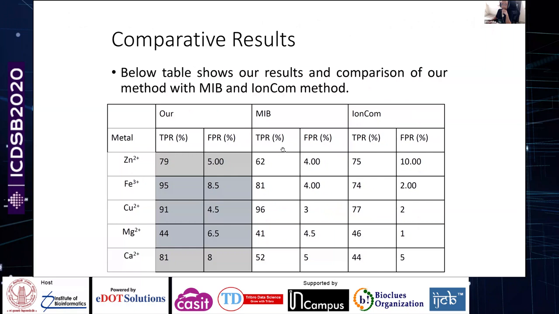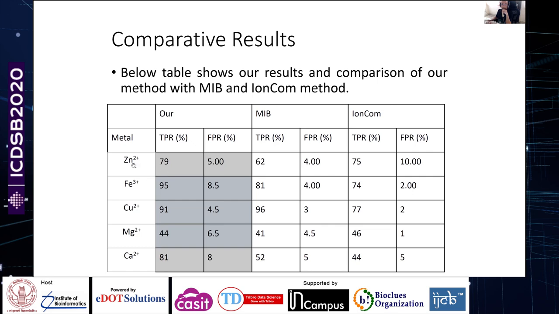So this is the comparative result of what we have done so far, and the results for the test. So for zinc, you can see the comparison is being made for two methods called MIB and IronCom. For those of you who are working in the area, you may know about these two methods.